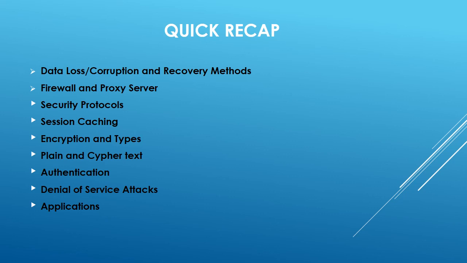Encryption is basically to protect your data and convert it into a form that is not readable for the intruder. We discussed two types of encryption, symmetric encryption and asymmetric encryption. Symmetric encryption uses one secret key that is used to encrypt data, and that secret key is used at the receiver's end to decrypt the data.